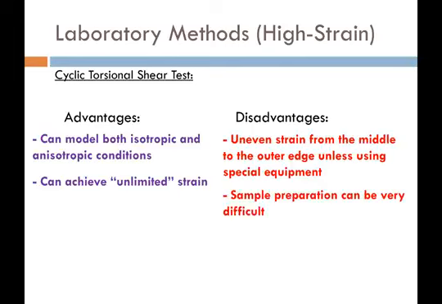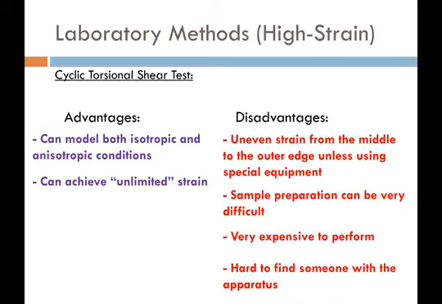The preparation of your sample and getting it loaded into this device can be very difficult. It's very expensive to perform because, of course, finding someone with an apparatus is next to impossible. They have one of these testing apparatuses at my alma mater up at the University of Washington.